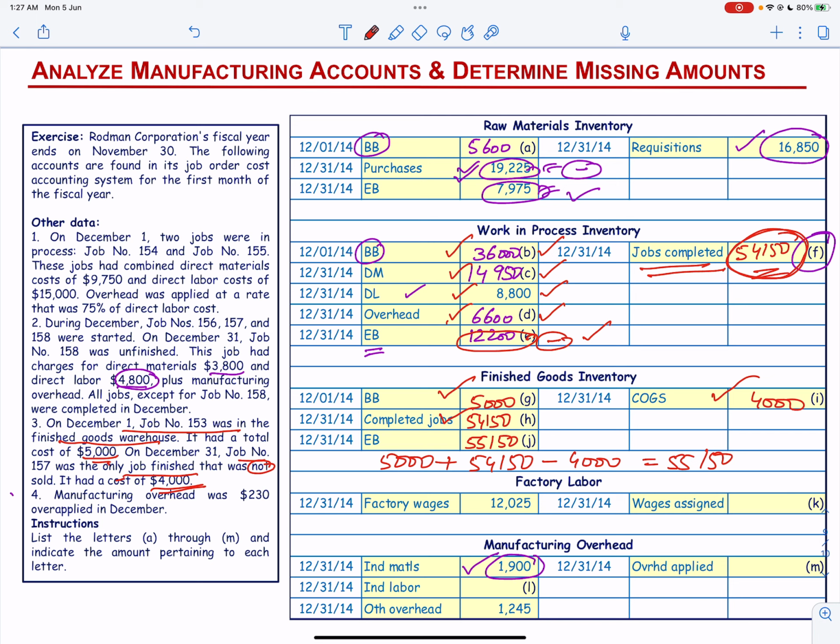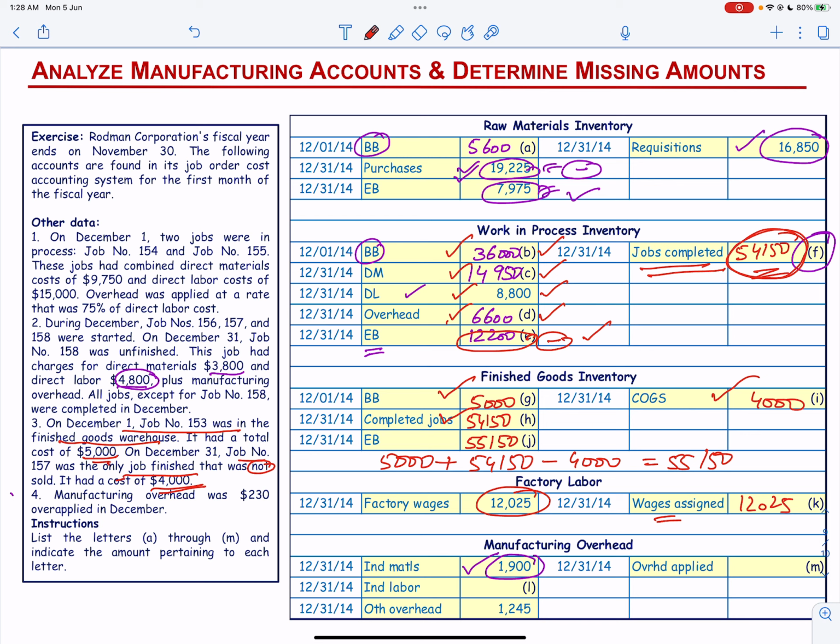Okay. Next we have the factory labor. Now for factory labor we have the debit, in the debit we have 12,025. So obviously the wages assigned will be the same amount, 12,025. Finally, we come to the manufacturing overhead. We have the indirect material. We have to calculate the indirect labor.